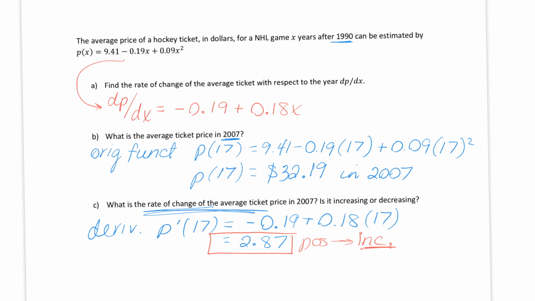Remember, derivatives are all about rate of change. So the words are important. You can find the derivatives of some of these crazy numbers. It's not a big deal. Be very careful to read the problem. Okay, you got this.